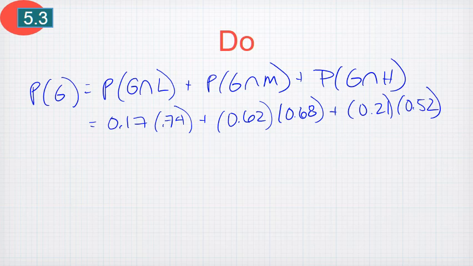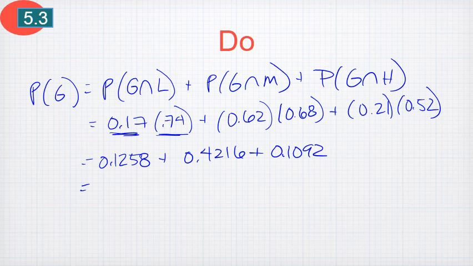I'm saying what is the probability of a light user and then good grades given a light user, and that should give me good grades and light users. So when I total all this up, I get 0.1258 plus 0.4216 plus 0.1092. So that equals my total probability of 0.6566. Woohoo!